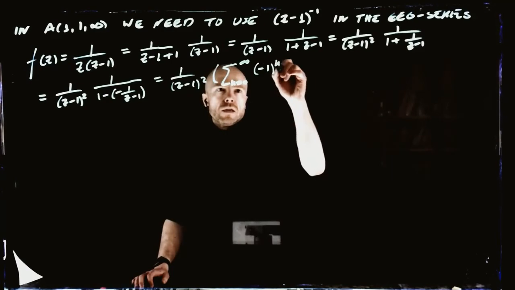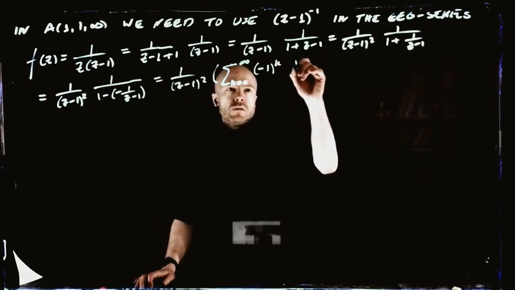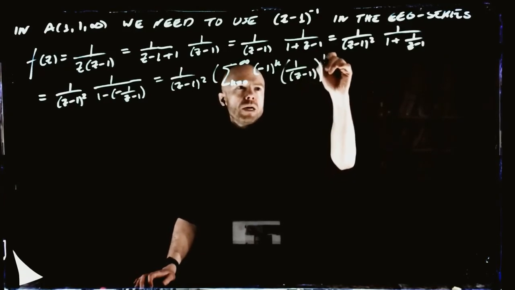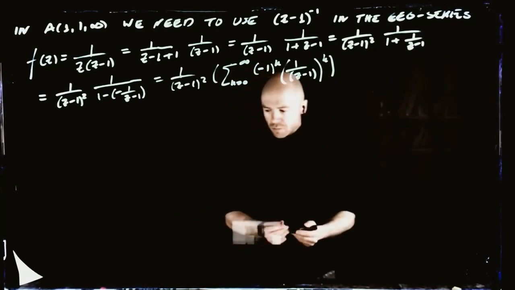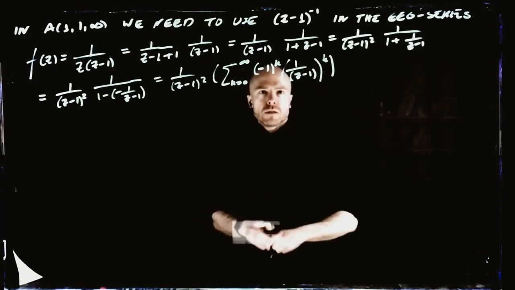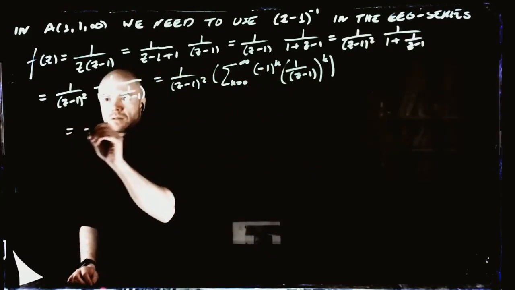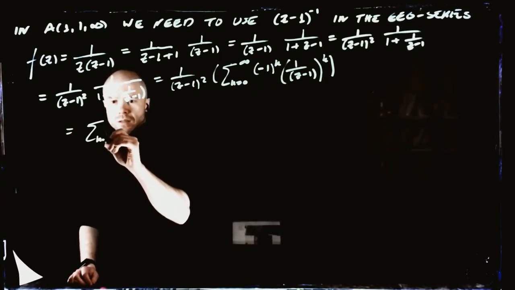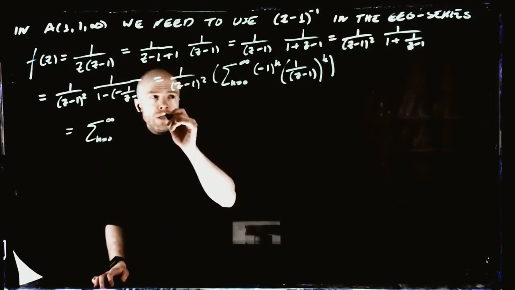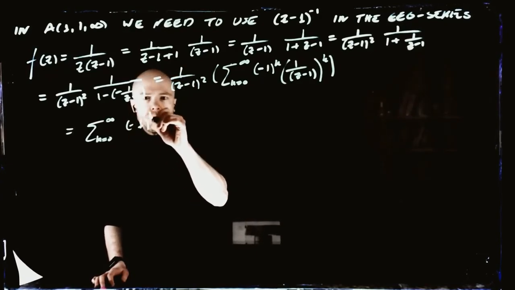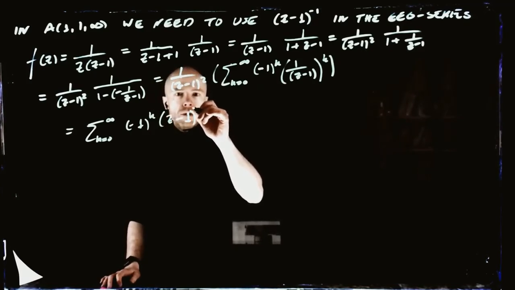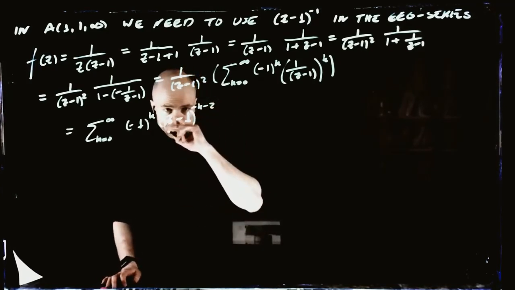Minus 1 to the k, 1 over z minus 1 to the power k, like this. And what do we get from this? We're going to get the sum from k equals 0 to infinity, and this will be minus 1 to the k, z minus 1 to the minus k minus 2.